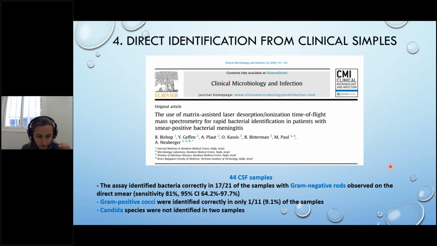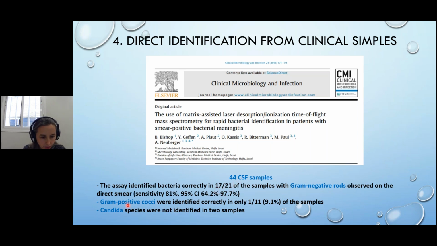And yes, I just wanted to show this paper from Bishop and collaborators. They tried 44 CSF samples, cerebrospinal fluids. Gram-negatives could be identified from these samples in 17 out of 21 cases.